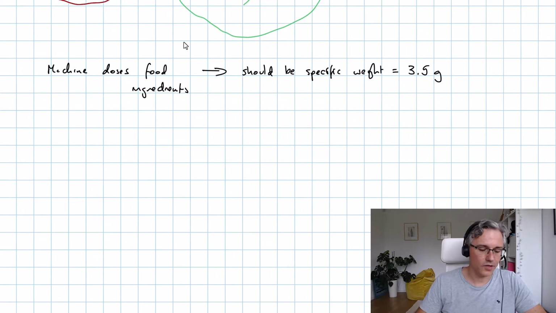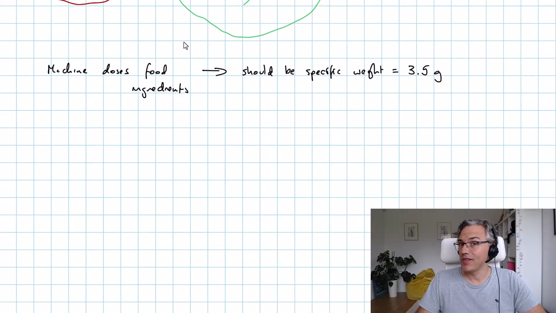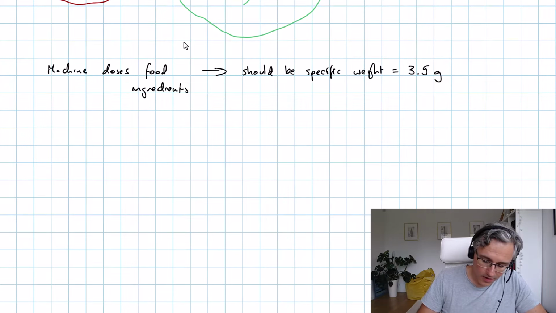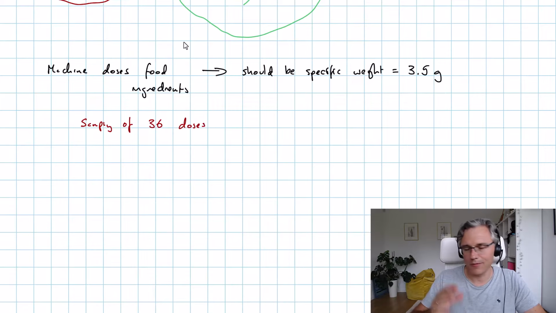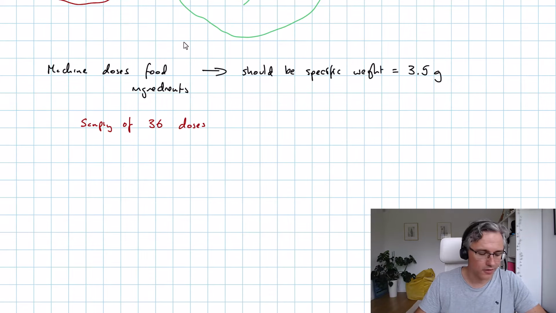Now, every day or periodically, there is a sample taken from the doses that were actually administered. So a sample of 36 such doses is taken, and you'll see why I use the number 36. It's to do with the ease of taking the square root of this.